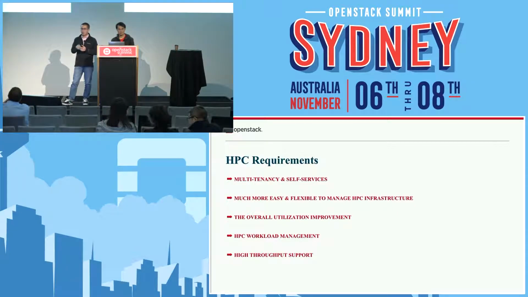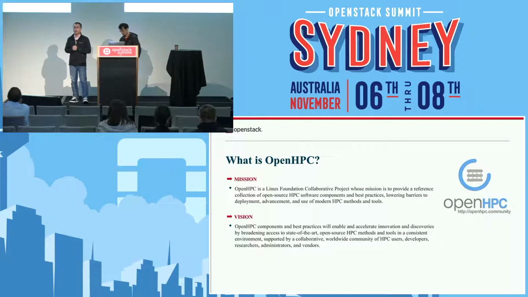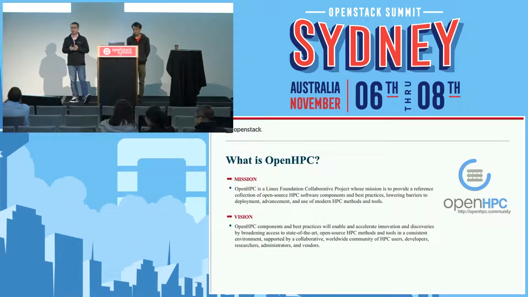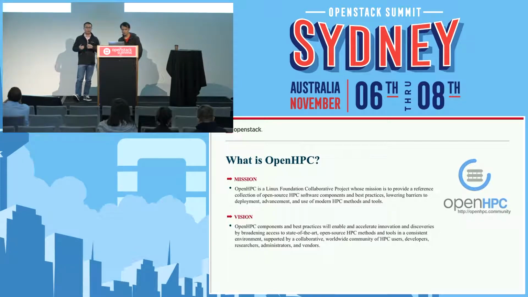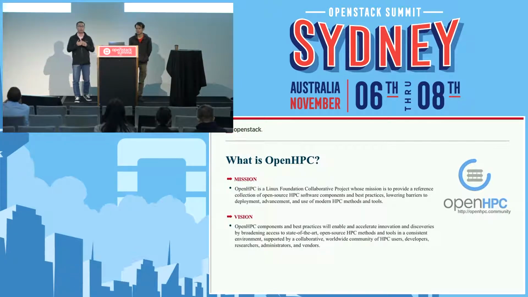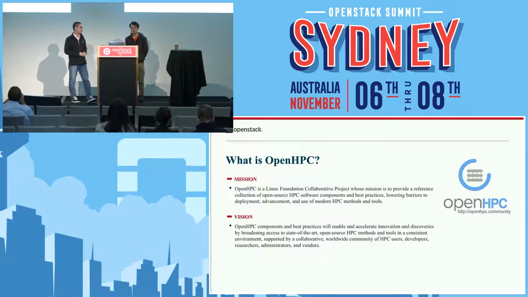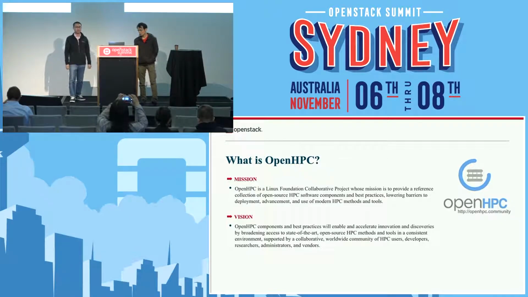And the last but not least is how can we make sure of the throughput of the environment. So we are talking with Intel. Intel has contributed to OpenHPC, and Leon will help to share with us how OpenHPC can resolve this problem for us. Yeah, thank you, Suchen.